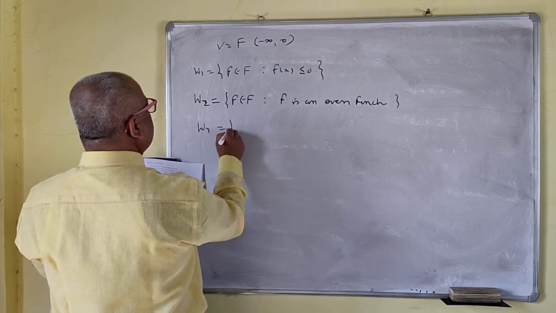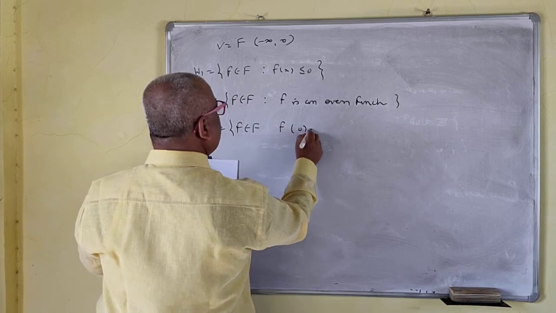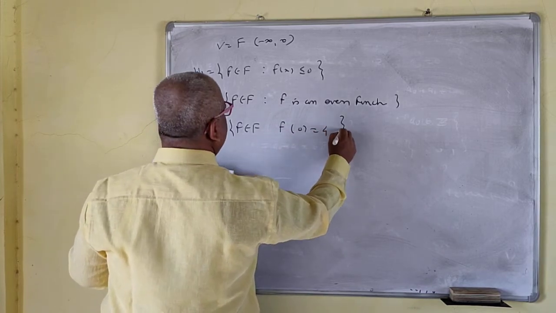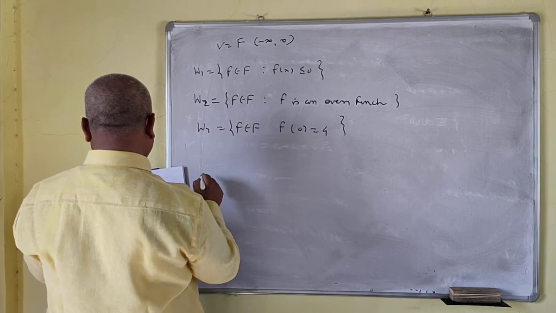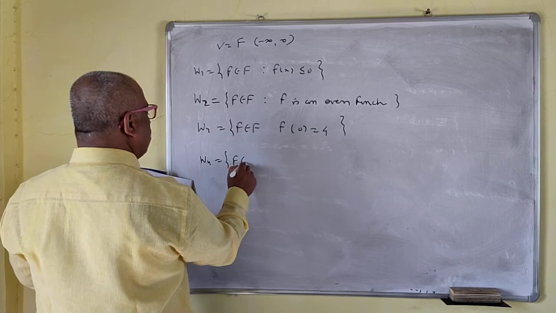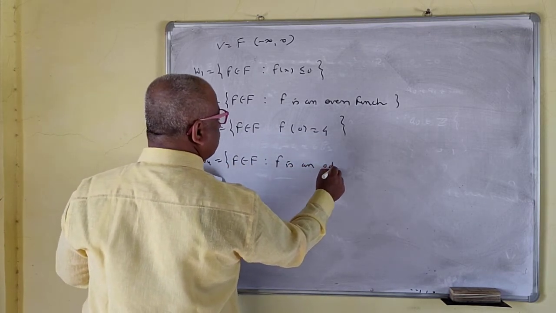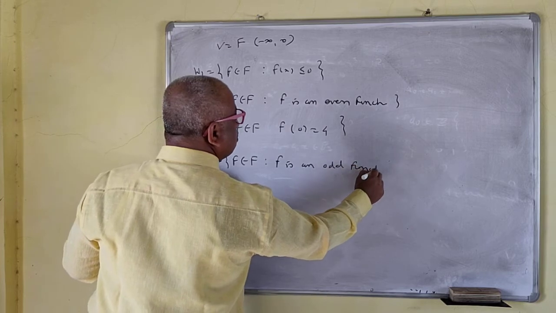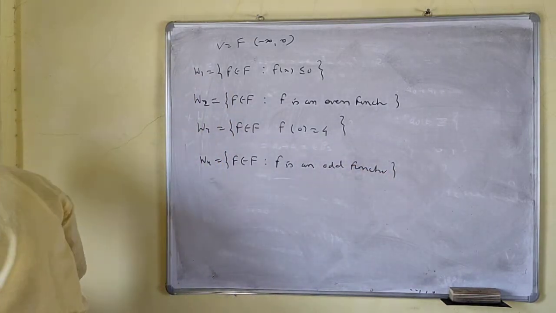W3 is f belonging to F such that f of 0 is equal to 4. W4 is f belonging to F such that f is an odd function.